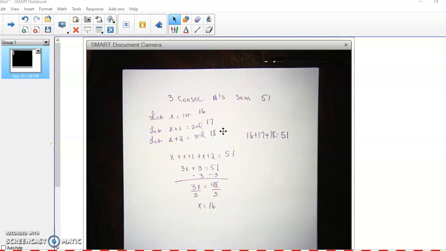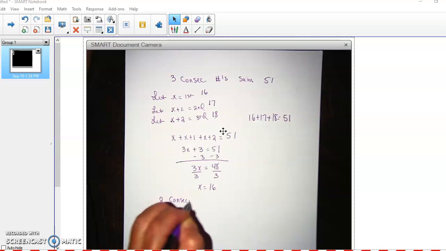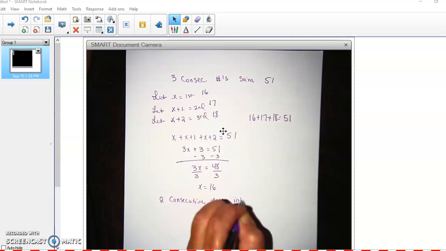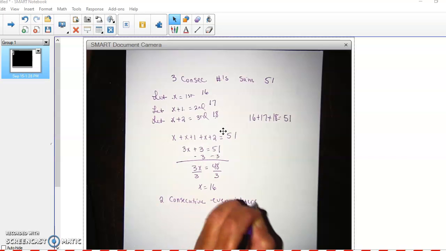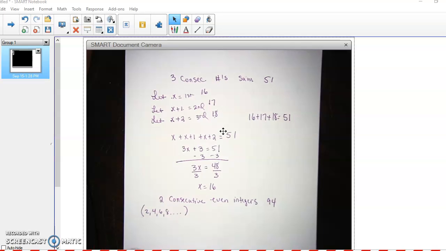Now let's look at something where it says 2 consecutive even integers, and they're going to equal 94. So think about even integers. They're like 2, 4, 6, 8, and so on. So let's just look at those numbers.